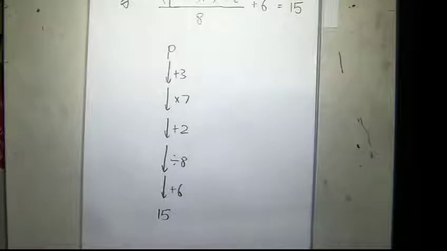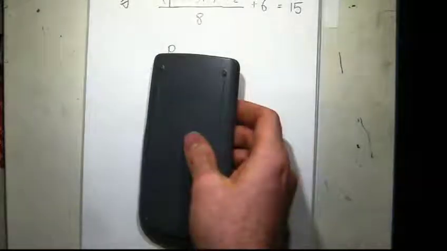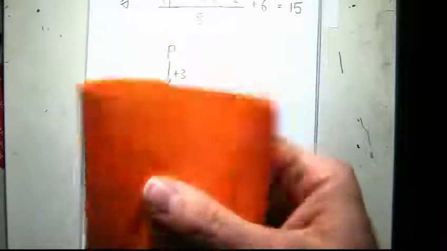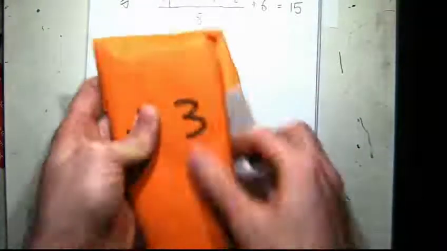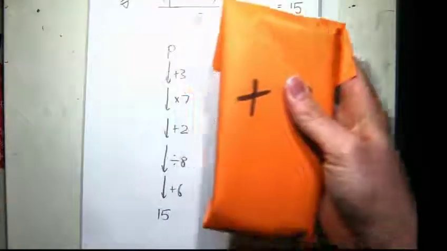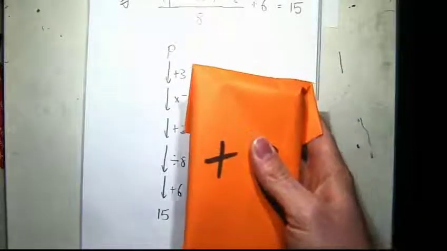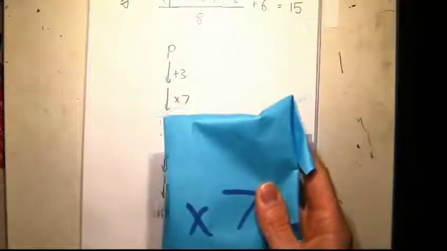So what I did is I took my number p, let's say it's this calculator, and I added 3 to it. And then after I added the 3, I multiplied by 7. And then after I multiplied by 7, I added 2.